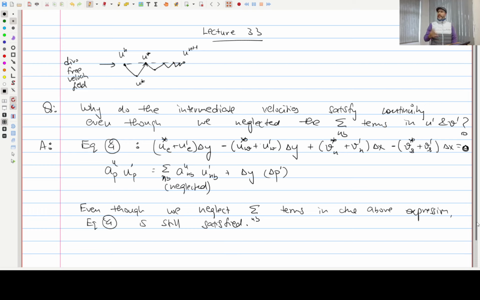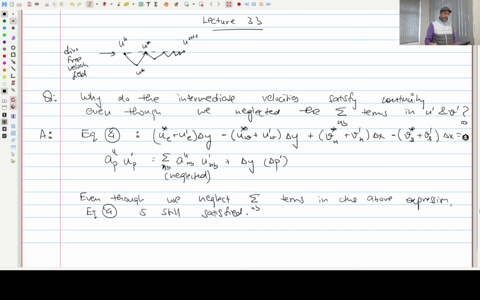So P primes will get values in such a way that the U primes and V primes you get will satisfy continuity. But that should not have been the case because there were neighborhood terms in the second expression. So P prime terms become more incorrect than they should have been.